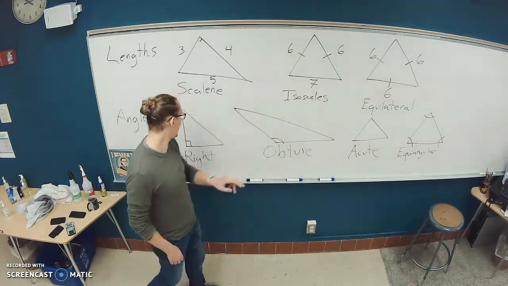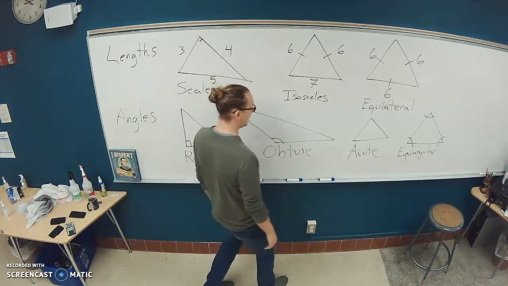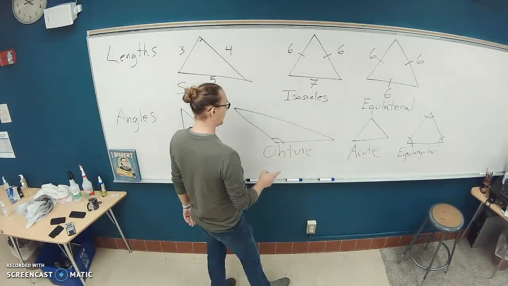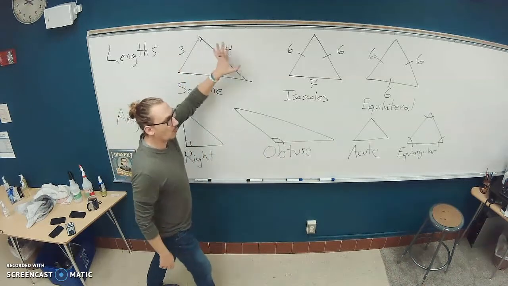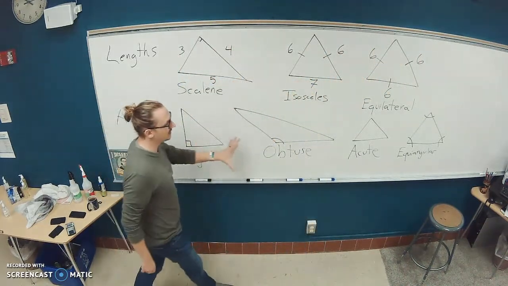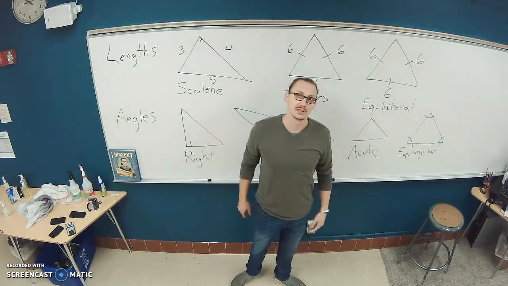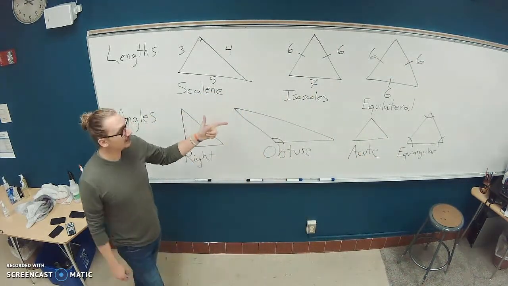Or maybe an isosceles right, or right isosceles, okay? Or an equilateral. Actually, if it's equilateral, it's equiangular, okay? So you're going to need one of these for every single triangle, and one of these for every single triangle. Okay? So you're going to need the length, you're going to need angle measurements.